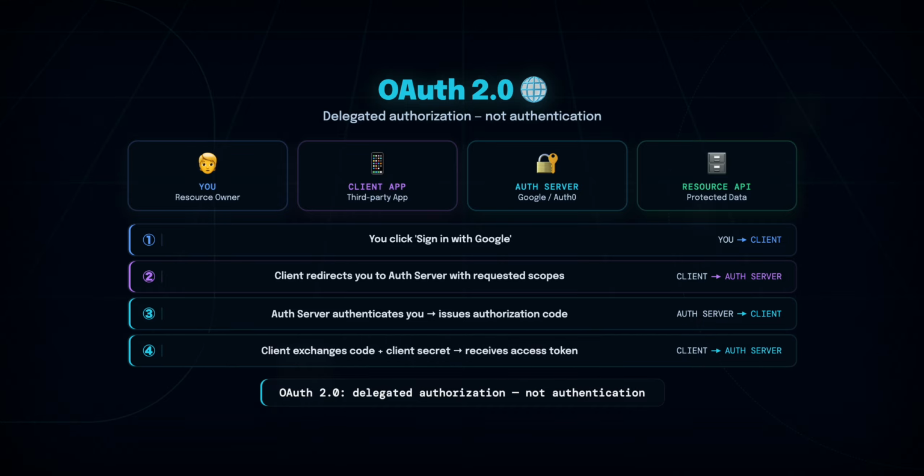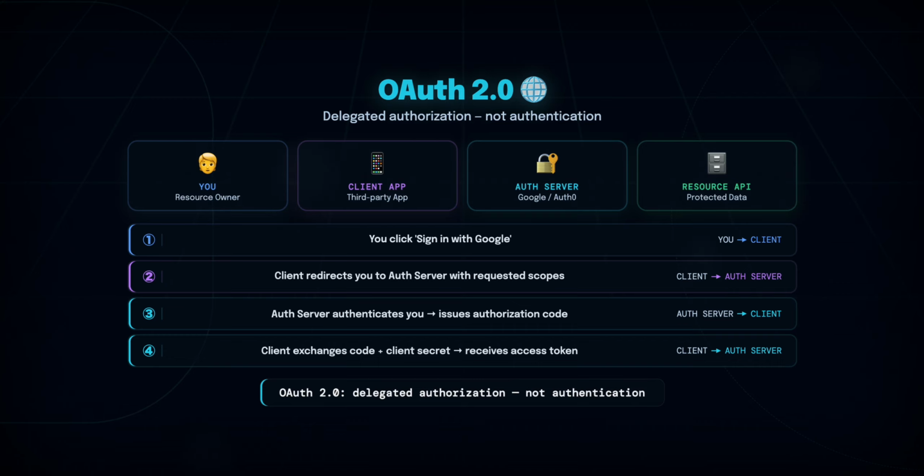The OAuth 2.0 authorization code flow has 4 actors. You, the resource owner who holds the protected data, the client, the application requesting access, the authorization server which authenticates you and issues tokens, this is Google, GitHub, or your own Auth0 tenant, and the resource server, the API holding your protected data.